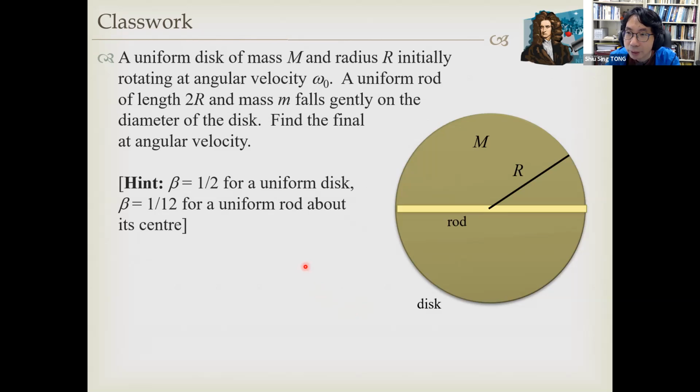Can you modify the equation a little bit? Anybody who found the answer? And also you have to use the beta, right? The beta for the rod and the disk, they're not the same.